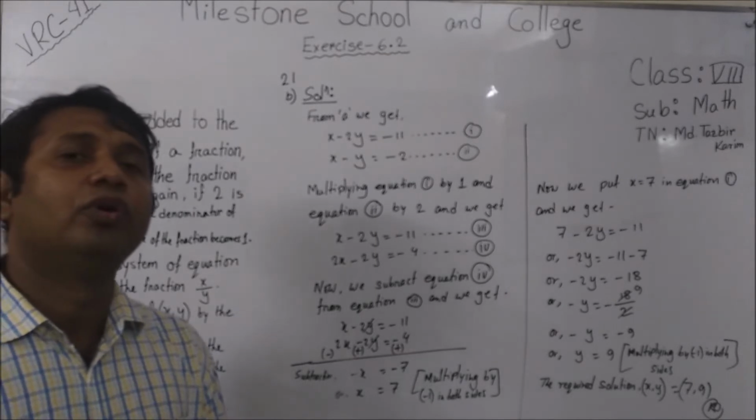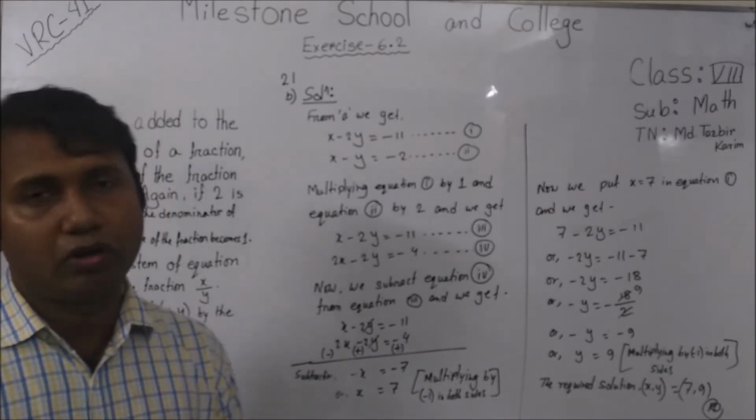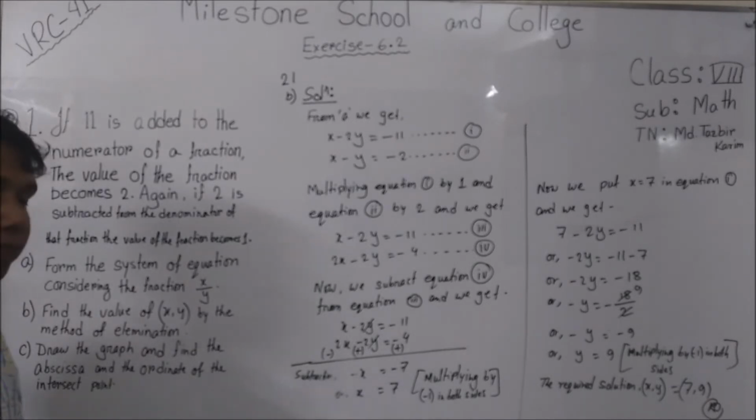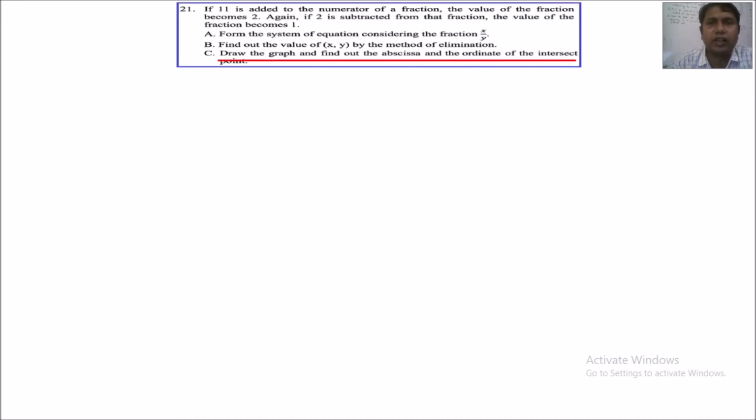Now we are going to solve the C number question. Draw the graph and find the abscissa and the ordinate of the intersect point. My dear students, you can see the question here, that is 21 number, C. That we are going to solve now.